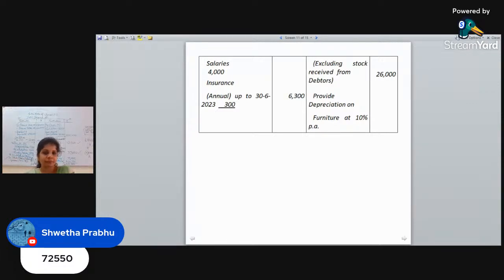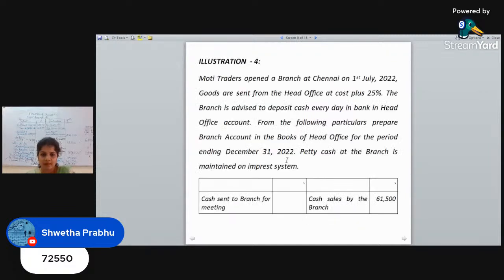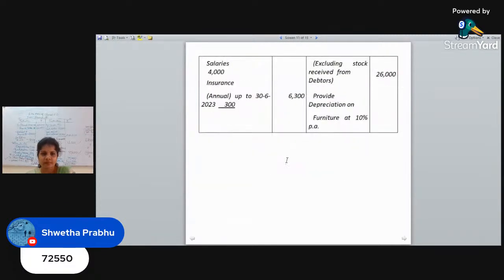So for this annual amount of 300 rupees, for the 6 months they have paid, 6 months means 300 into 6 divided by 12. 150 rupees is the current year expenditure, and the remaining 150 rupees is a prepaid insurance, an asset.